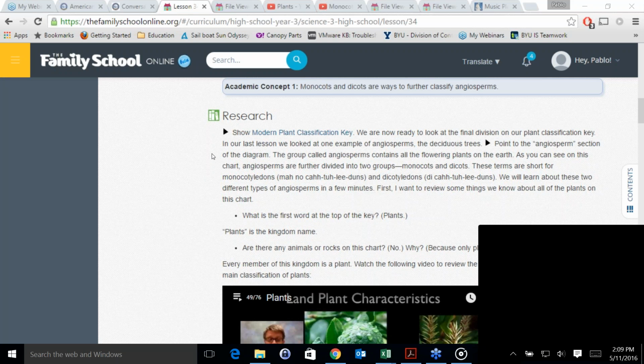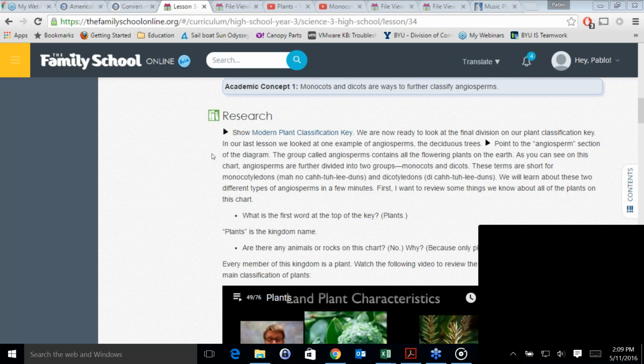Do you remember anything from when we were studying seeds and their configuration about the endosperm? You can put it on the chat board or the question board.